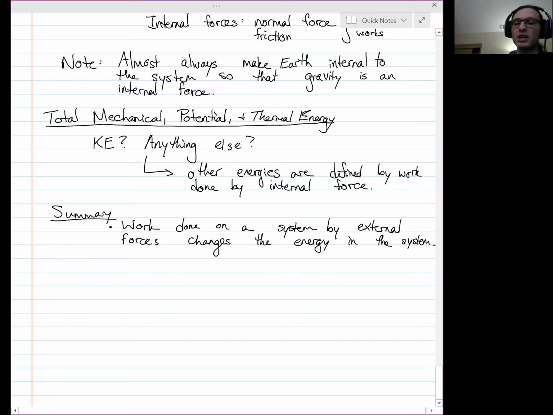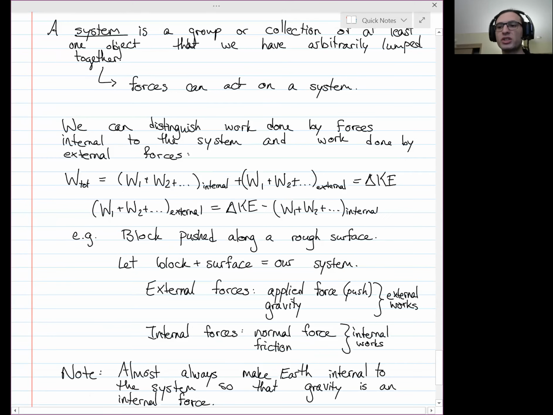So what does that mean in our context? Well, we know that work done external to a system can change the kinetic energy. But as we've now written, we can see that the work done by external forces can change the kinetic energy, or it could change these works done by internal forces, which are going to show to be another type of energy that a system has.